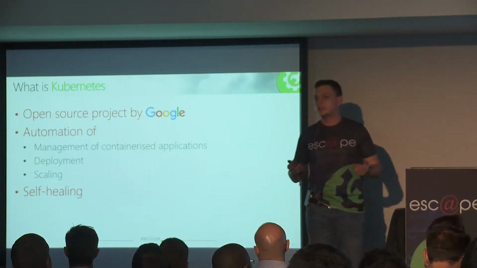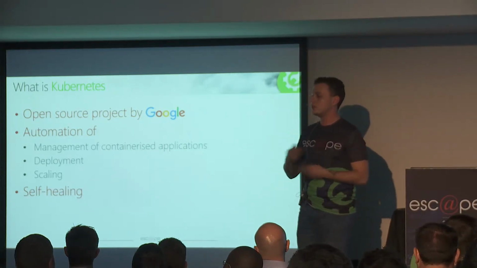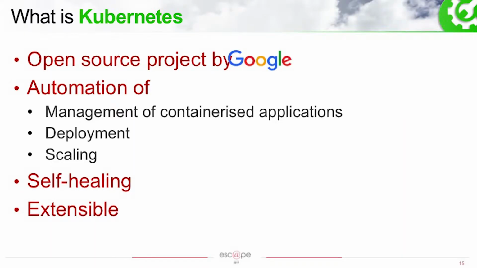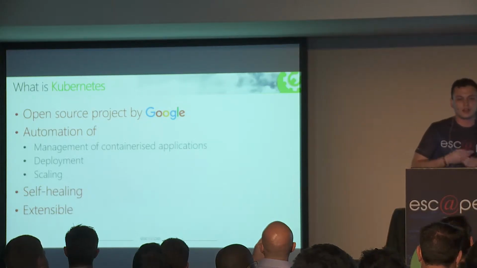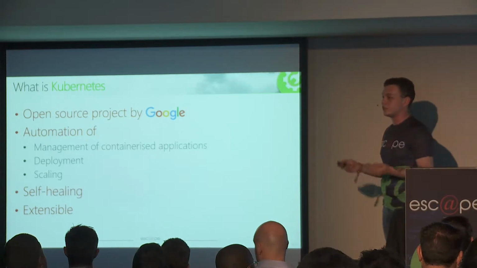If, by some manner, this health check has failed, Kubernetes will go and restart that application for me. It's also very extensible. So there's a very large community working on specific add-ons for Kubernetes, something like internal DNS or perhaps integration with a cloud provider.